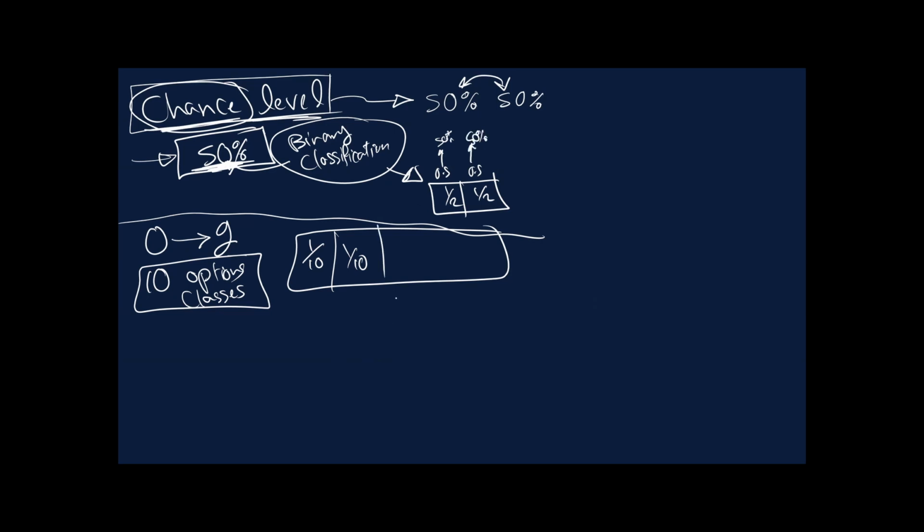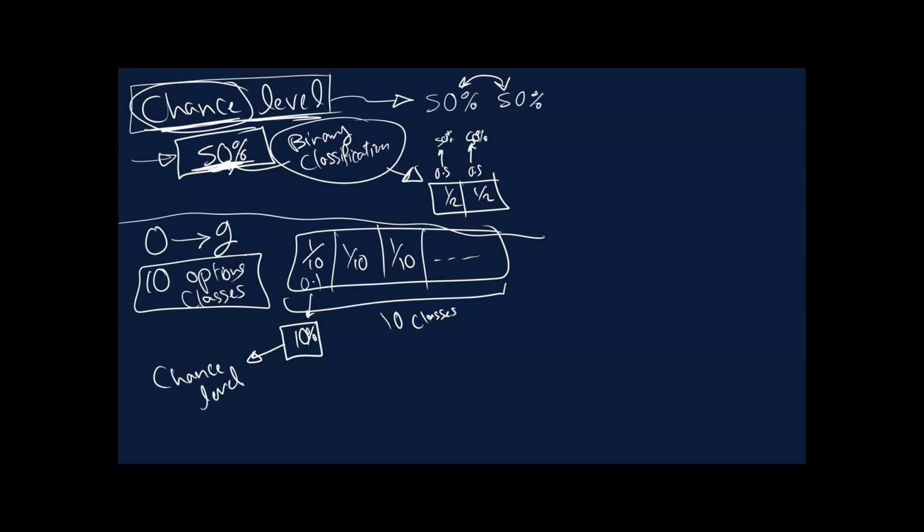But here it's 1 over 10 for our 10 classes, which is 0.1 multiplied by 100, it's 10. So we have a 10% chance level. Now the chance level of our classification is 10%.